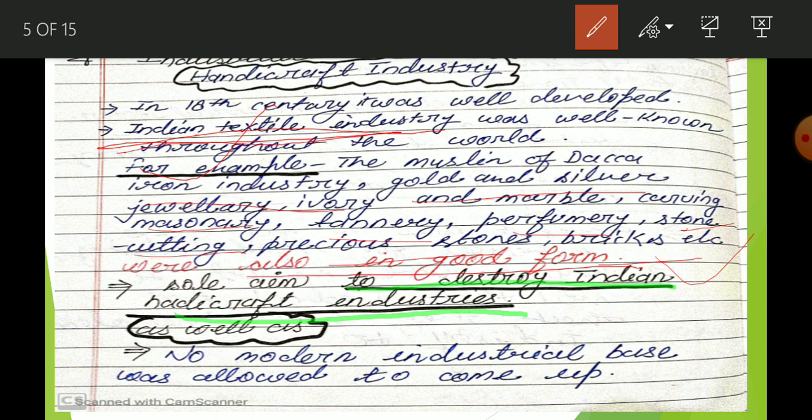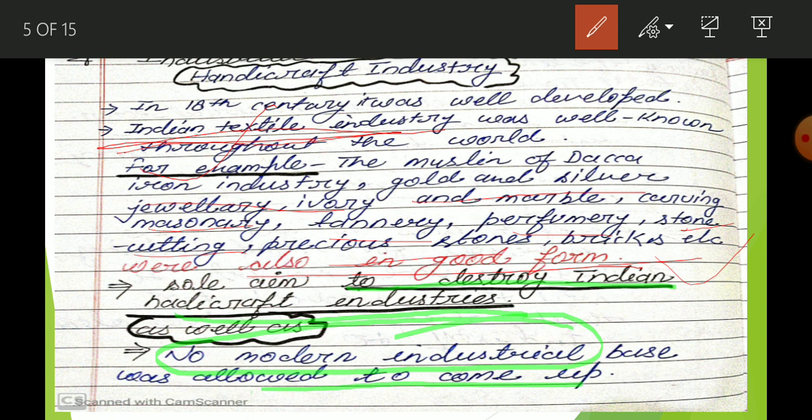And one more thing, when they started to rule here, during that duration, they did not allow modern industries to come up. There were very few modern industries at the time we gained our independence.